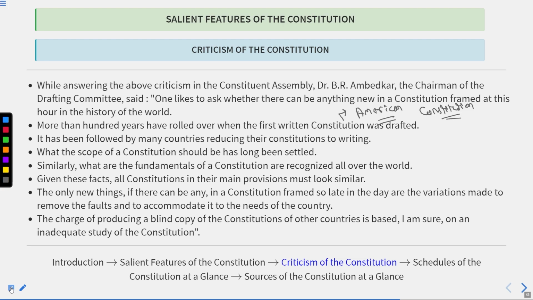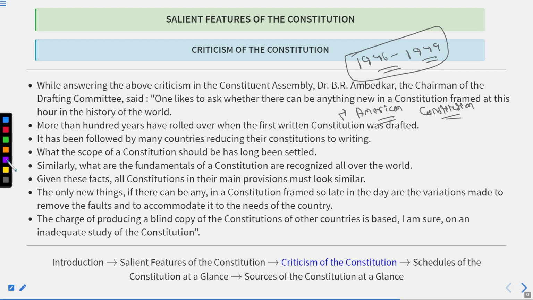So basically, he said that the first constitution of the world was made by America. All right. And when we were drafting our constitution, from the time period of 1946 to 1949, he said that many countries have made their constitution based on the ideas of the American Constitution to reduce their constitutional writings.